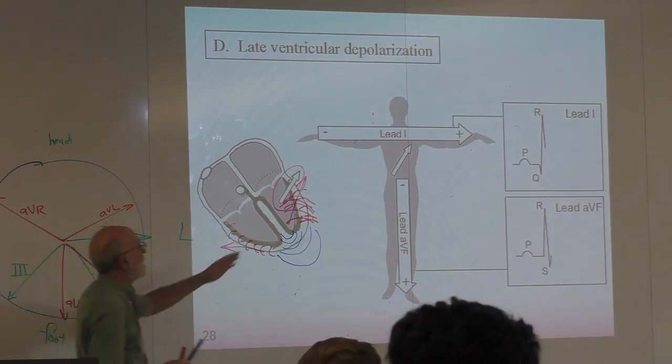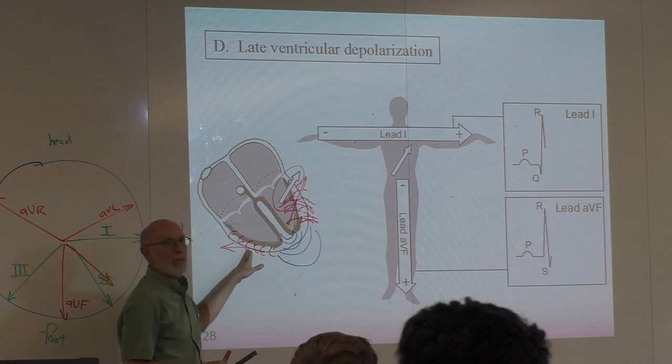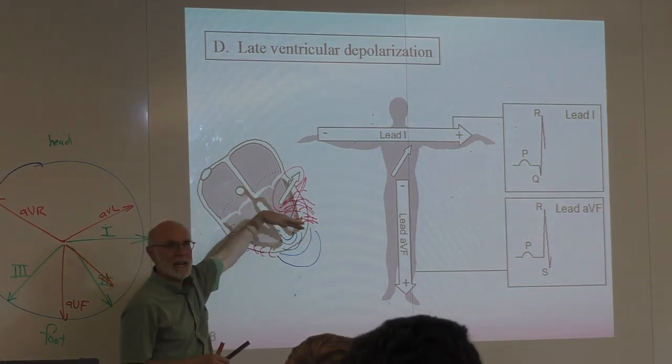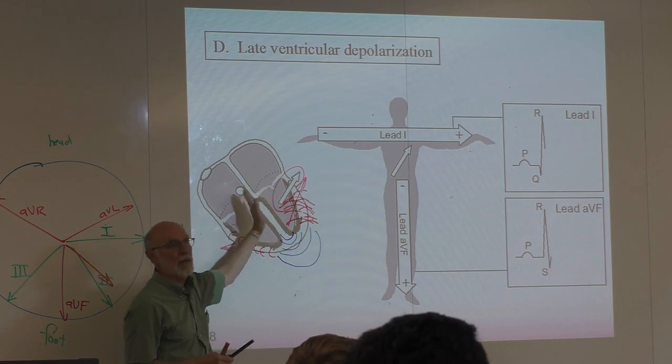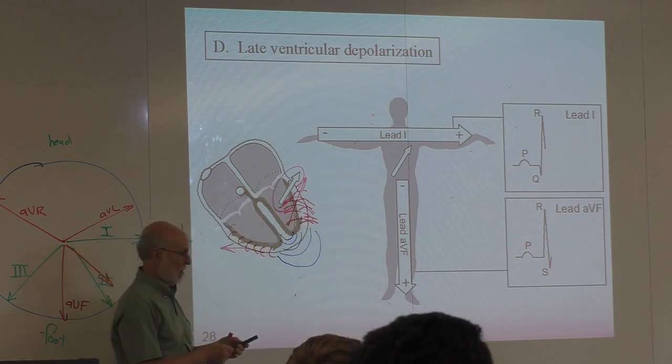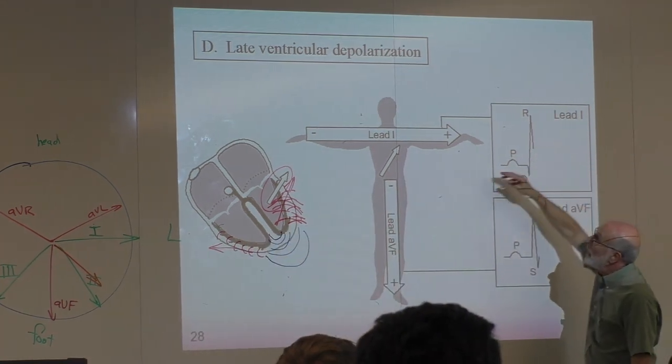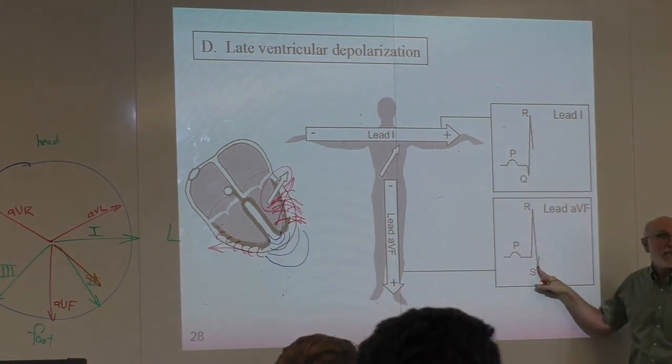Because this muscle is thick, this muscle is thin. And so we see a vector that's something like this, plus or minus 90 degrees, or plus or minus 45 degrees. And this would be a positive signal in lead 1 and a largish negative signal in lead aVF.